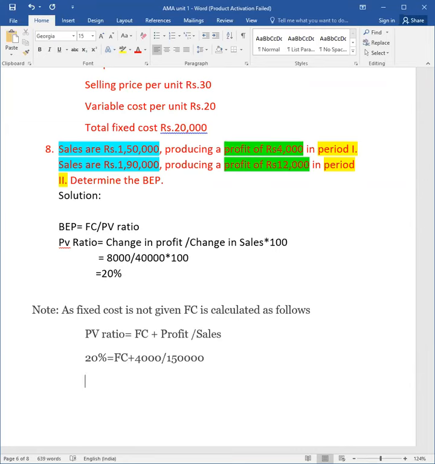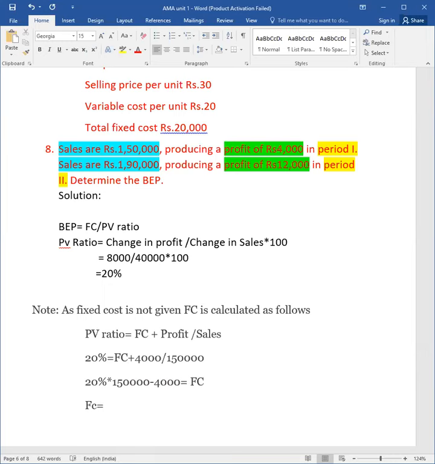So by cross multiplying, you get 20% of 1,50,000 minus 4,000 is equal to your fixed cost. So fixed cost is equal to 20% of 1,50,000.